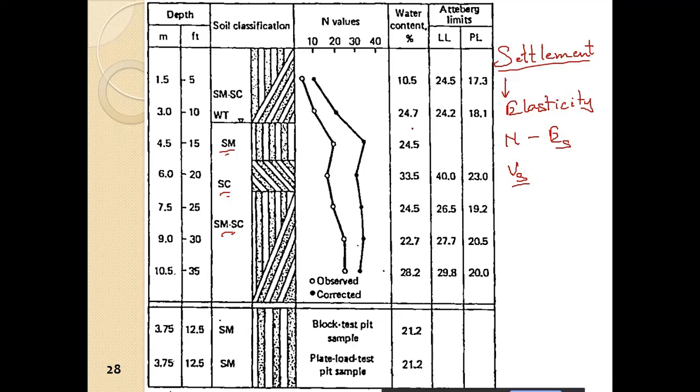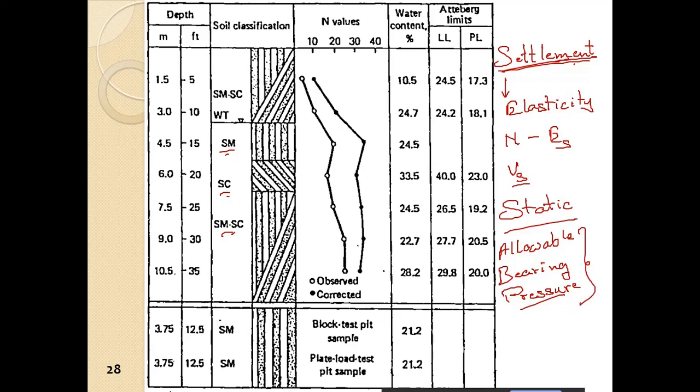So for the static case, we can find out the allowable bearing pressure of the soil. Limiting the permissible settlement, and considering the shear failure criteria, we can find out the allowable bearing pressure of the soil.